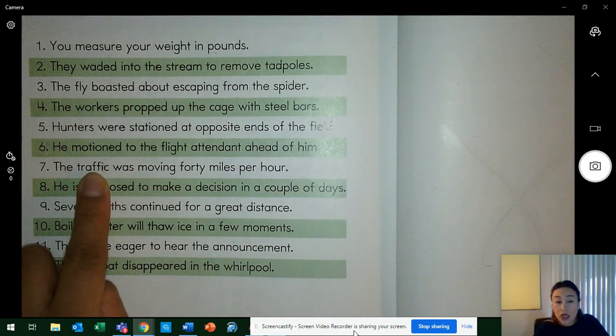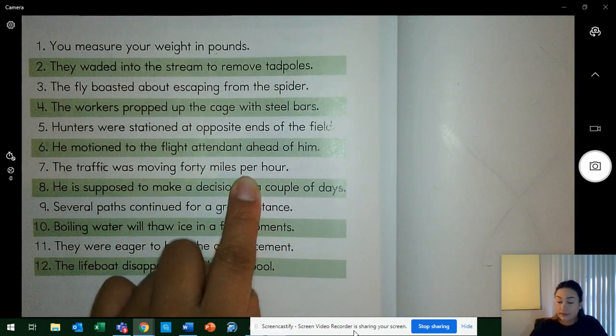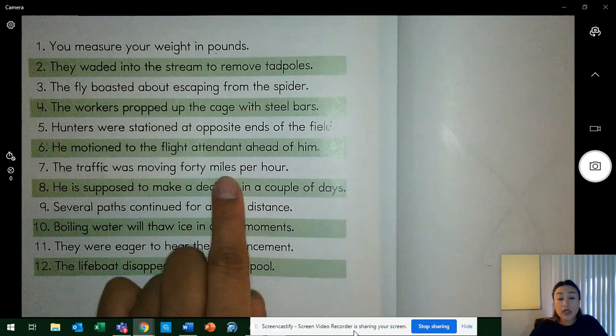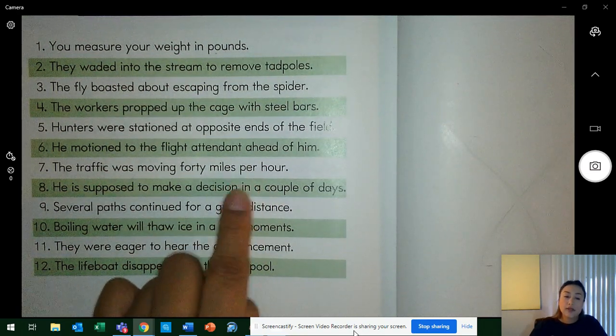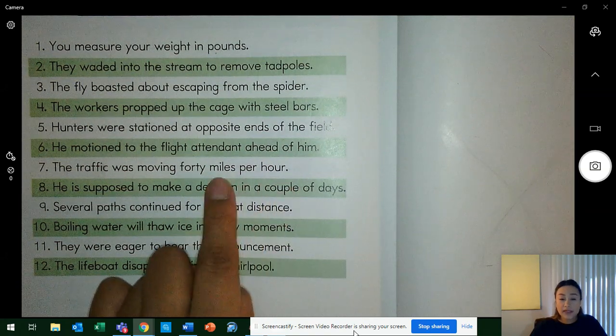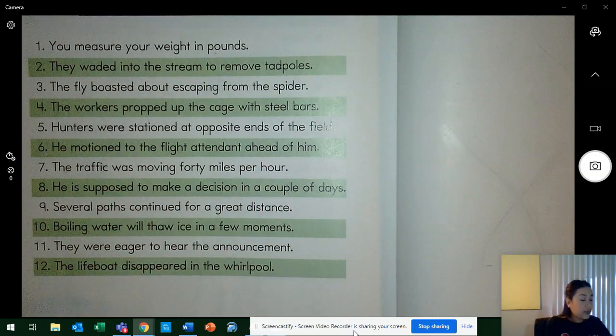Traffic are all the cars and all the trucks on a street. And what word means each? Yes, per. Per is another word for each. So miles per hour means miles each hour. Now we are going to go back to lesson 29.